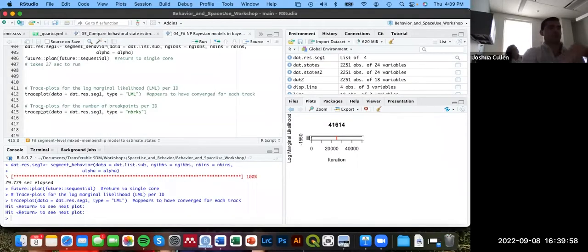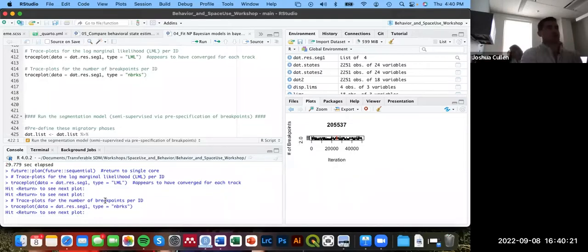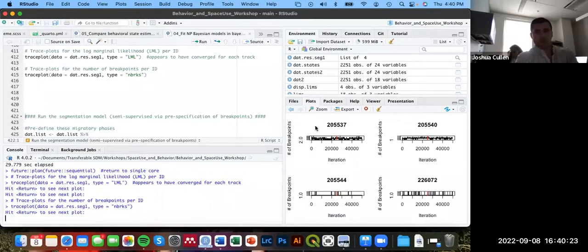Another thing you can inspect if you want to, that might be of some value, although it's not required, is looking at the change in the number of breakpoints estimated by the model. So like I described for how this works, each iteration is predicting a different set of breakpoints. So whenever that stabilizes, you would hopefully assume that the model has converged on the posterior distribution.